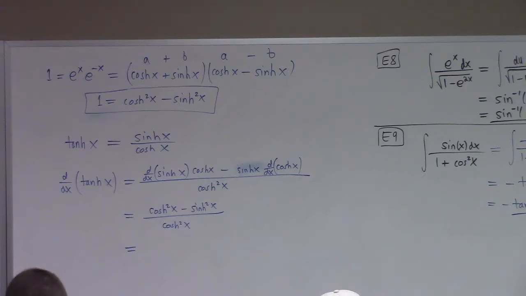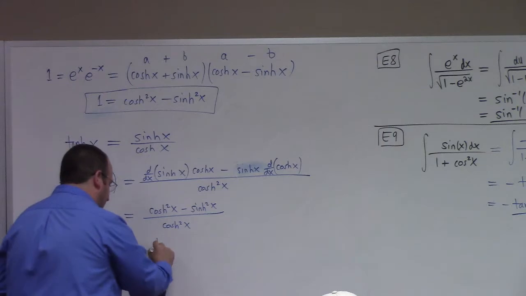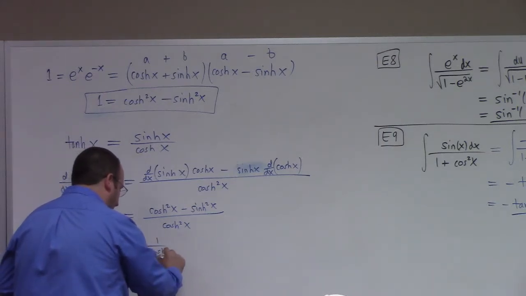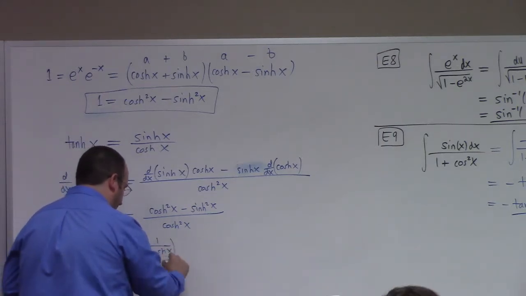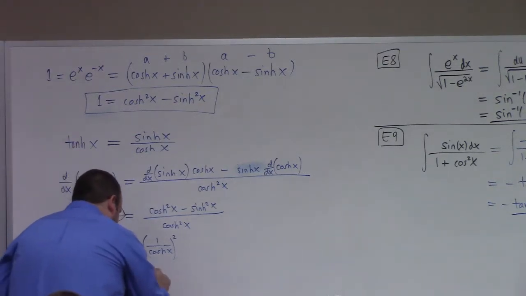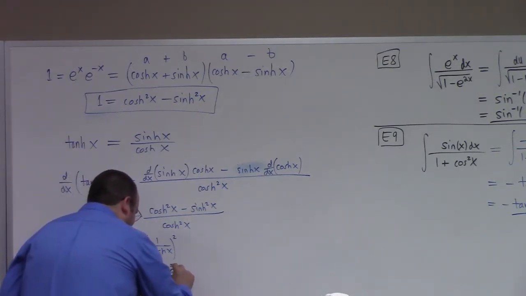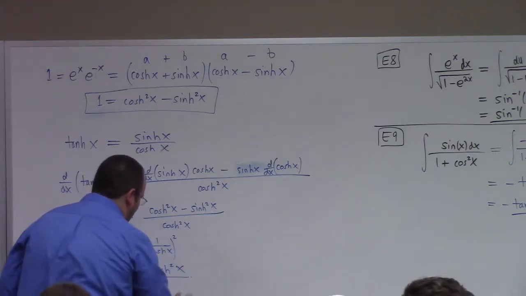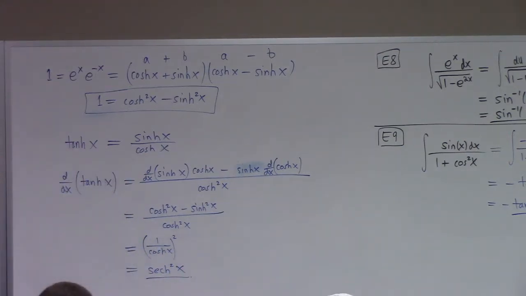So what's that? Now I think we're right where you told me to be. This is 1 over cosh squared, which is in fact hyperbolic secant squared of x. I don't know how to verbalize it. There you go. That's what it is, though.